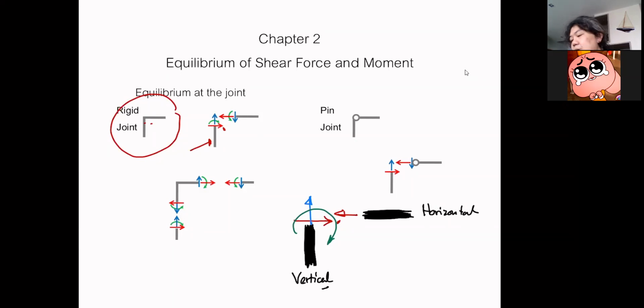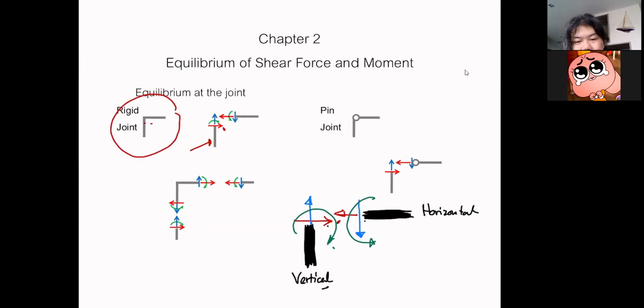And the shear. So the vertical force, the red one in here, becomes the axial force in the horizontal member. And the axial force of the vertical member is now going to be the shear for this horizontal member, so that your sigma Fy remains 0. And last one, moment. If this one is clockwise, this one will have to be counterclockwise, so that in the end, your sigma moment becomes 0 as well.